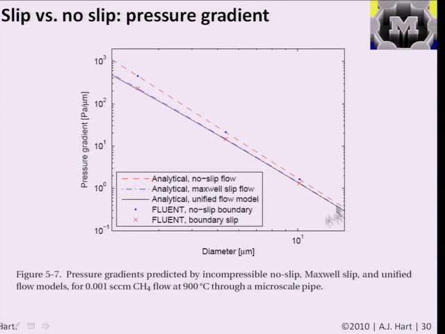And so you can see that the departure in the value of the pressure gradient for no slip and for slip gets bigger, as you would expect, as the pipe diameter gets smaller. So as we go into a case of having more rarefaction or a higher Knudsen number, the difference between the no slip and the slip cases gets bigger.